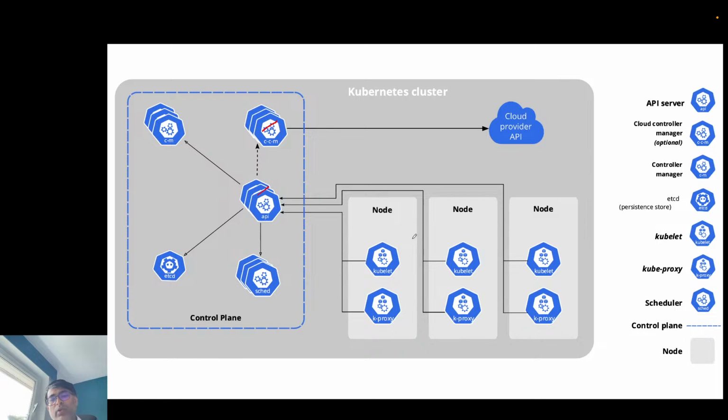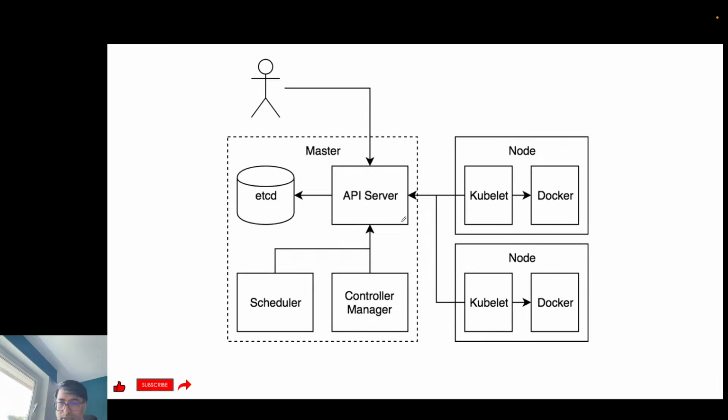As a whole, if you are using any of the service providers' Kubernetes clusters, you need not bother about either the control plane or a node, because you are not working on those nodes itself. 80% of the time, you will mainly be responsible for deploying your application or scaling your application. Only that level of interaction you will be doing on a Kubernetes cluster.